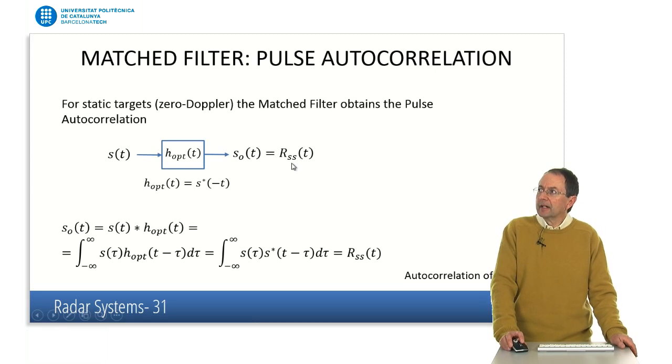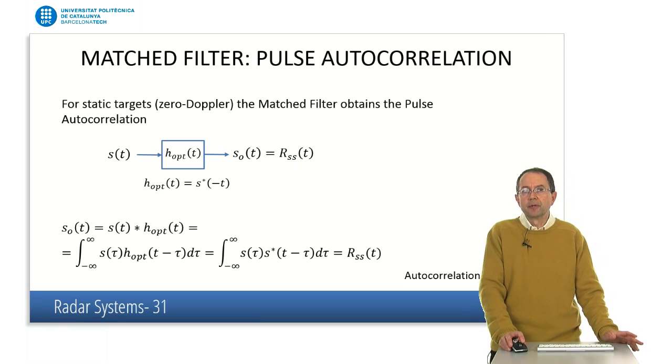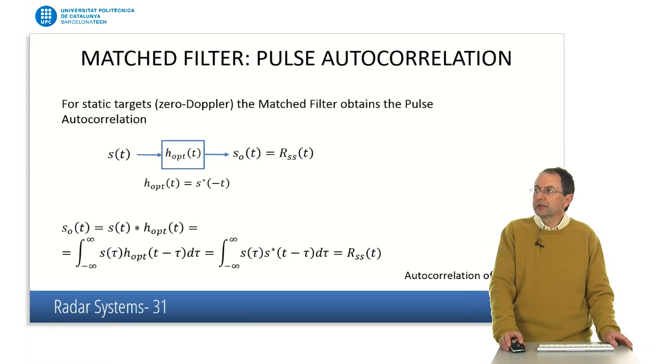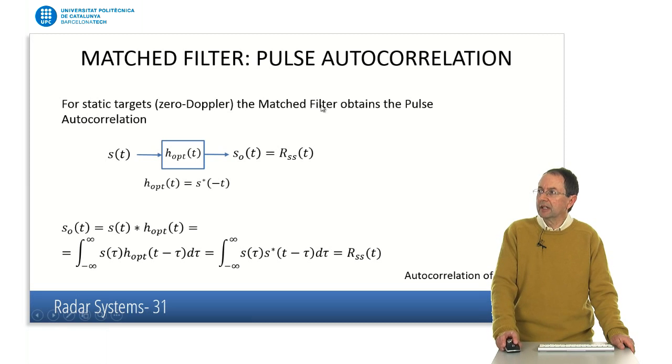Now, we have said that the matched filter is optimal because it obtains the autocorrelation of the pulse at its output. Actually, this is the case we have here. So when we calculate a convolution with this expression, which is actually a conjugate and the change of sign of the time axis, then what we get is certainly the autocorrelation of the pulse.